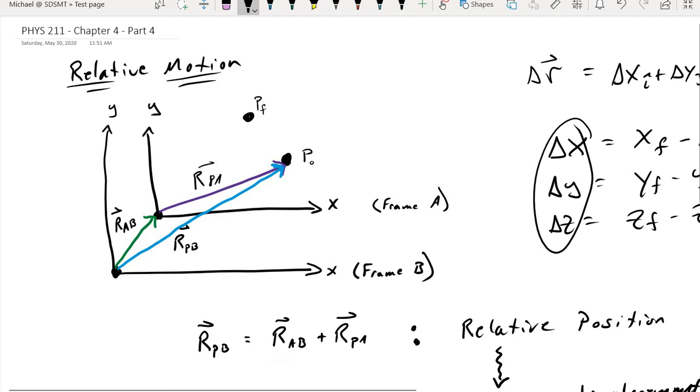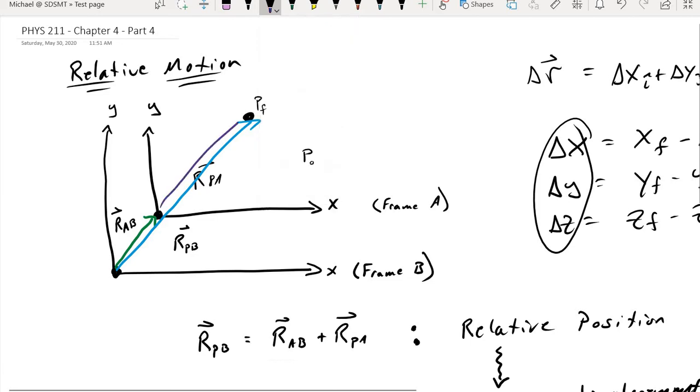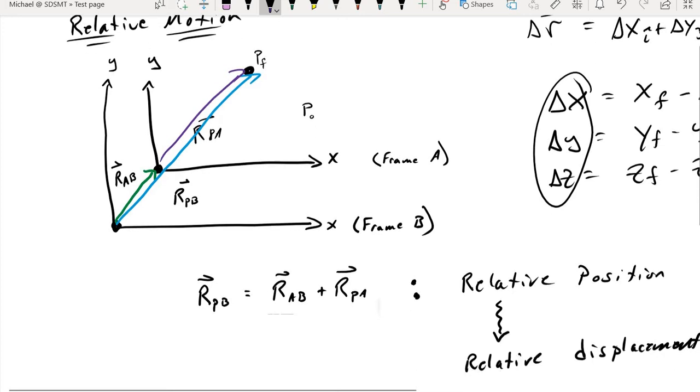Well, in doing so, to measure the final position of that point with respect to the 2 reference frames, I would then have to redraw the vectors with respect to their reference frames, and I would still get a relative position expression similar to what we have here, only now it's describing the final position of that particle.